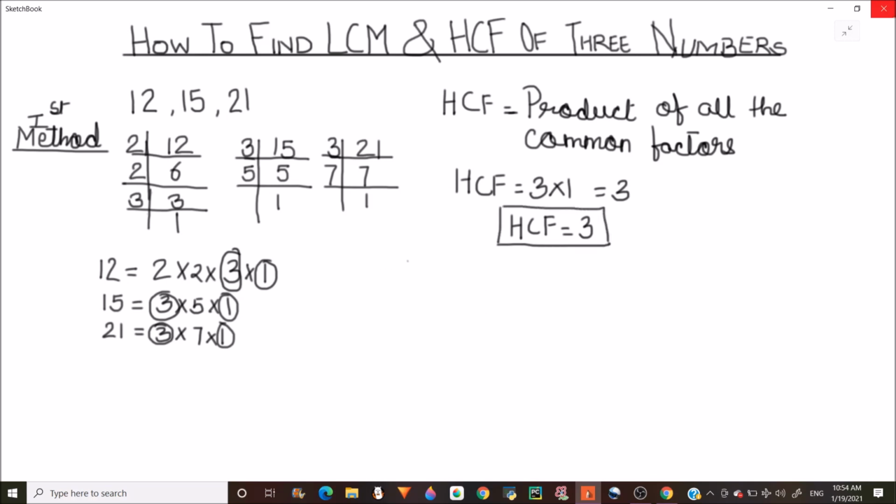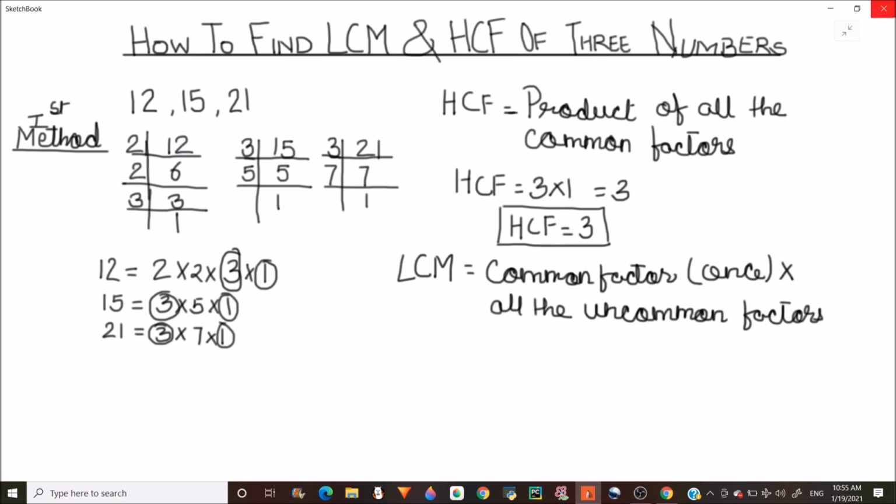Now let's find the LCM of the three numbers. So LCM will be the product of common factor times all the remaining factors. So the LCM will be the product of the common factor which is taken once and all the uncommon factors or the rest of the factors.